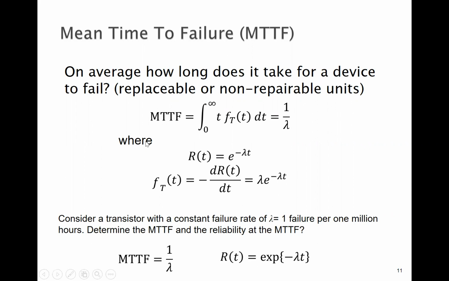So MTTF is a number, a time, right? And we'd like to see the reliability at this time. First, MTTF is going to be 1 over lambda. So we simply take the inverse of this number, and then put it into here, as time, and determine the reliability.